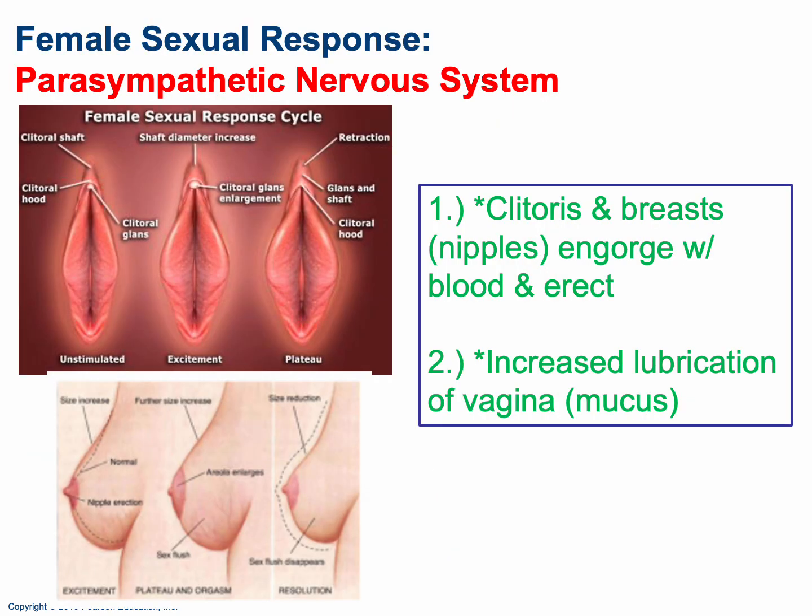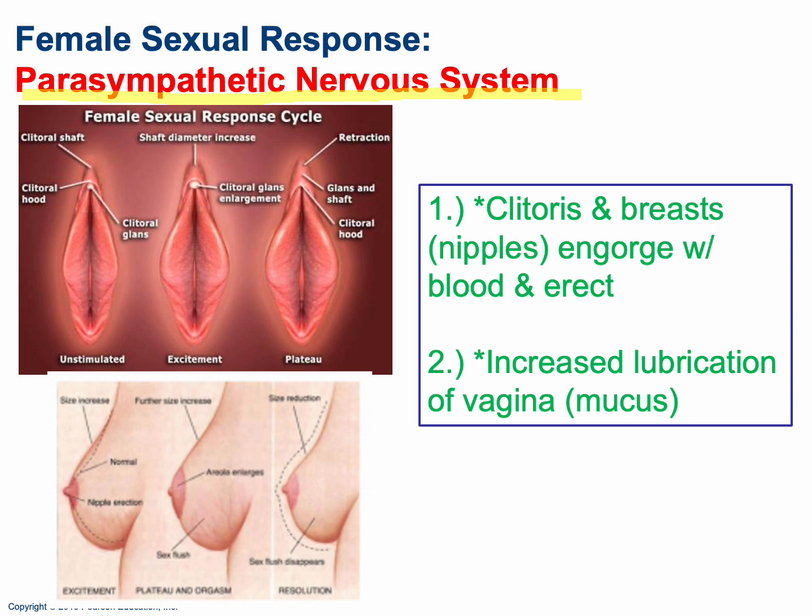We're now going to take a look at the autonomic nervous system response in the female during the sexual encounter. So first we're going to look at the events that are controlled by the parasympathetic nervous system.